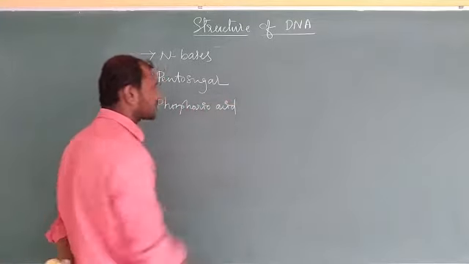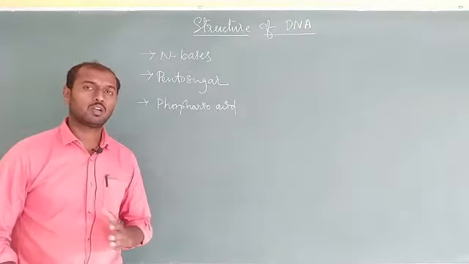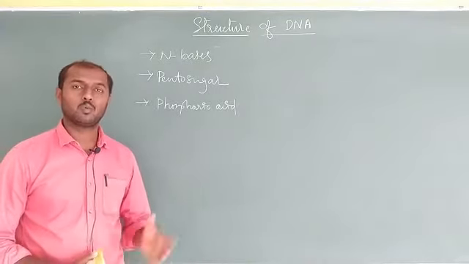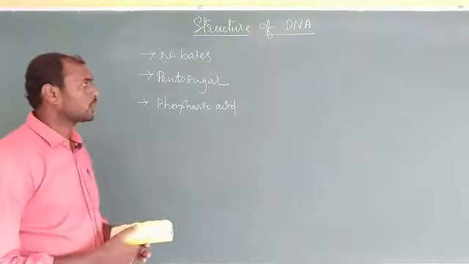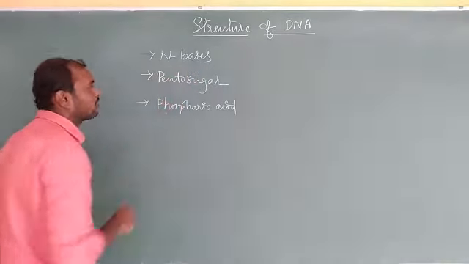So we have three different kinds of chemicals, belonging to different groups, which made a beautiful DNA structure: nitrogen bases, pentose sugar as well as phosphoric acid.